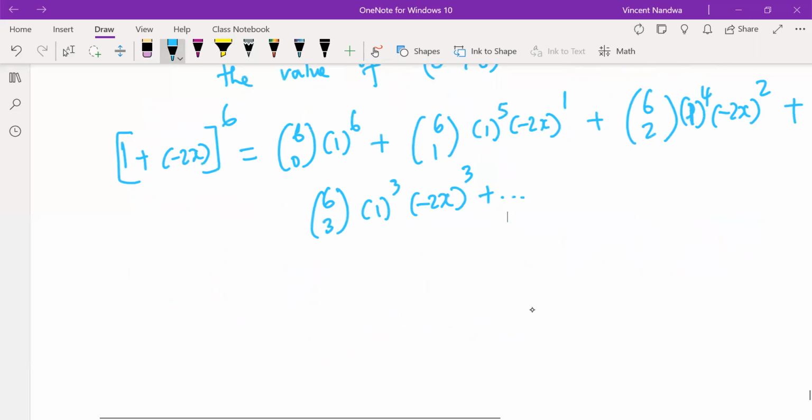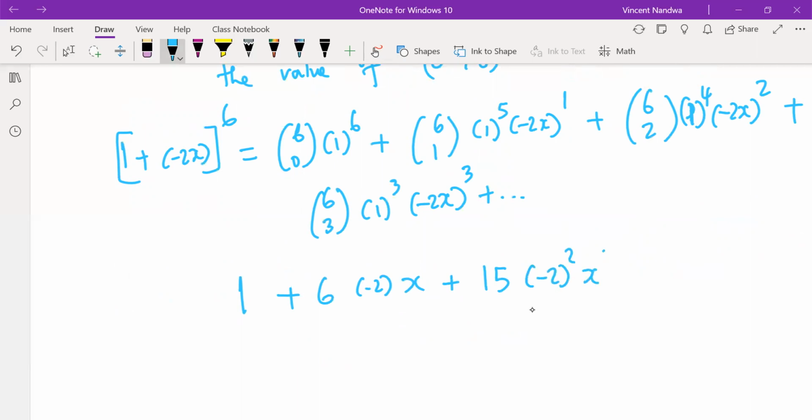So 6C0 is 1, 1 by 1 is 1, 6C1 is 6, so 6 times −2 times x. 6C2 is 15, times (−2)^2 x^2. 6C3 is 20, times (−2)^3 x^3.